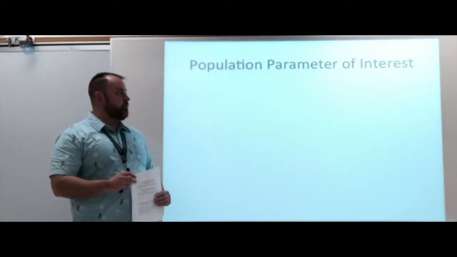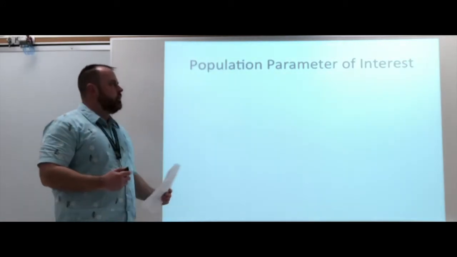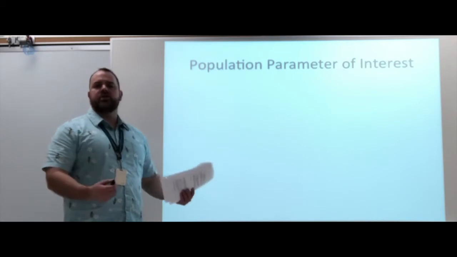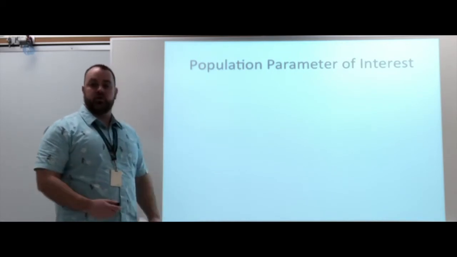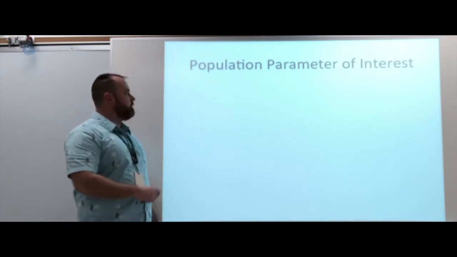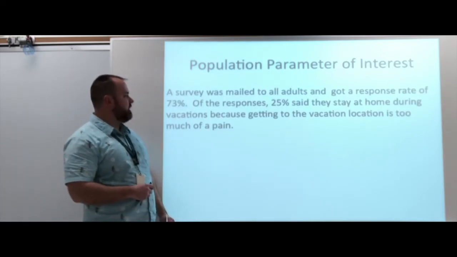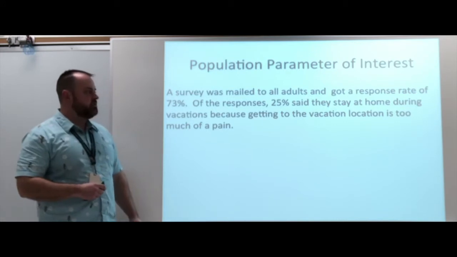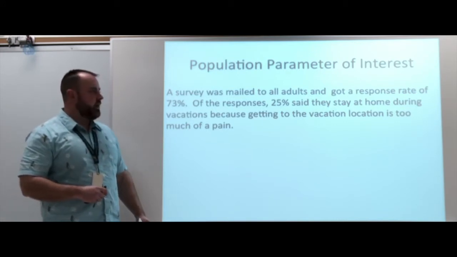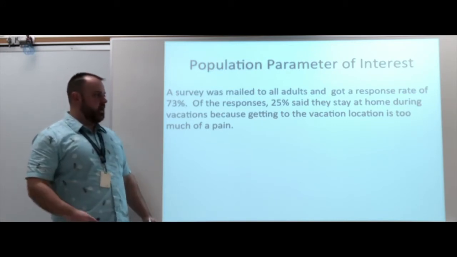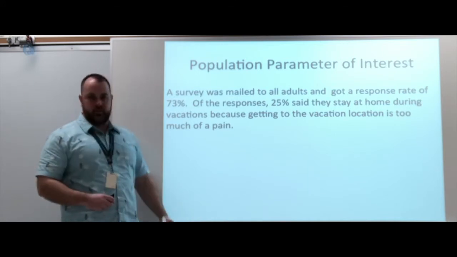Okay, so population parameter of interest. This is really the question or the answer of what we're trying to look for when we're looking at a study. Okay? A survey was mailed to all adults and got a response rate of 73%. Of the responses, 25% said they stay at home during vacation because getting to the vacation location is too much of a pain.